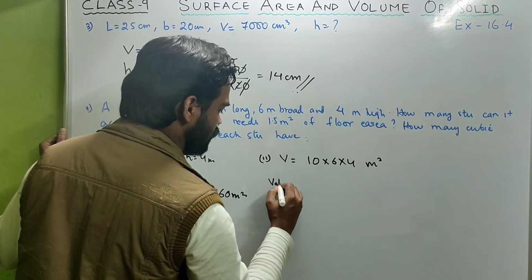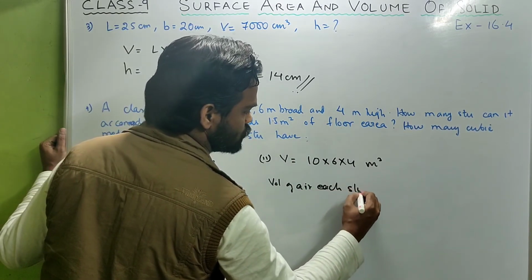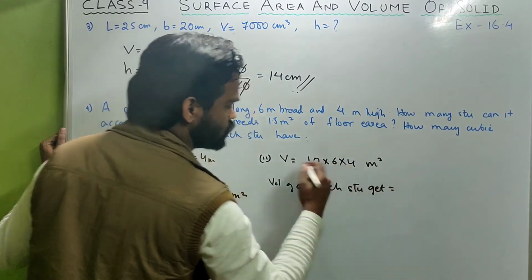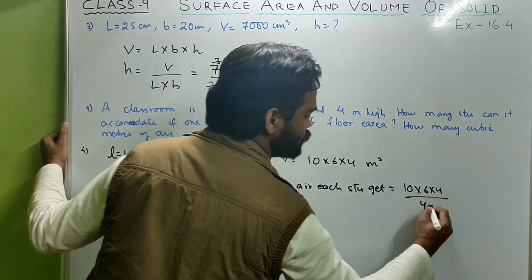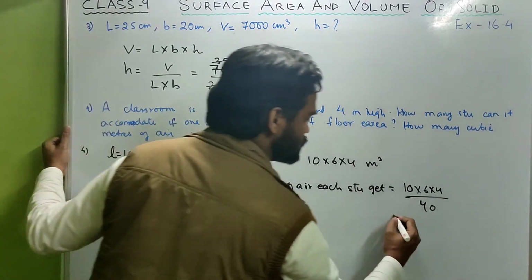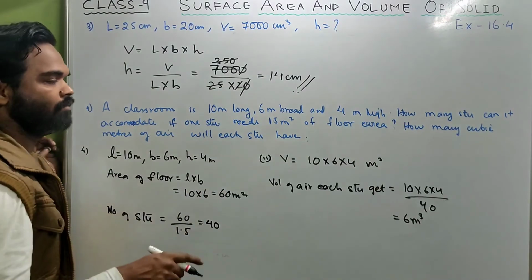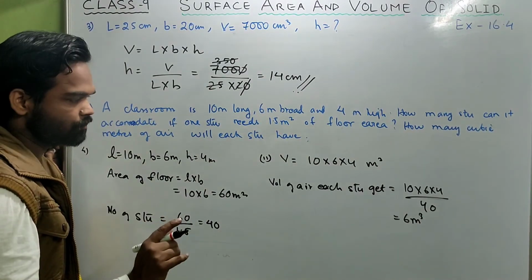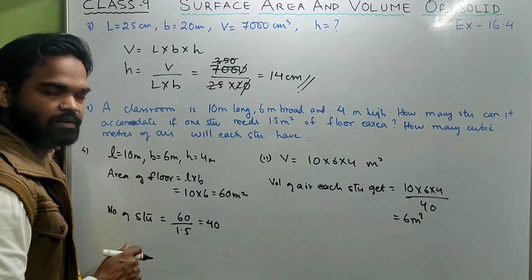So volume of air each student gets will be the total volume divided by the number of students. That's 40. So that's 6 meter cube. So 6 meter cube of air will be available for each student. Clear? Pretty easy. Now let us look at the next sum.